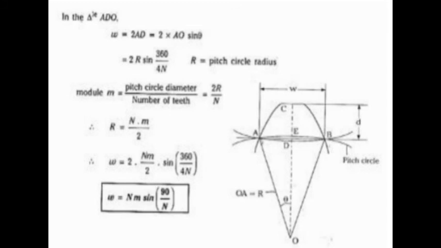So we can understand from this derivation that W and D depend on the number of teeth and module. If the number of teeth varies, then again we have to calculate W and D. So we will solve one numerical problem.